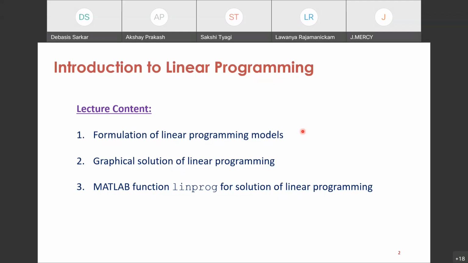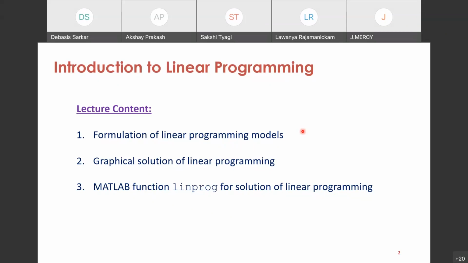In theory, it extends to three dimensions, but the graphical solution is for the two-dimensional problem.